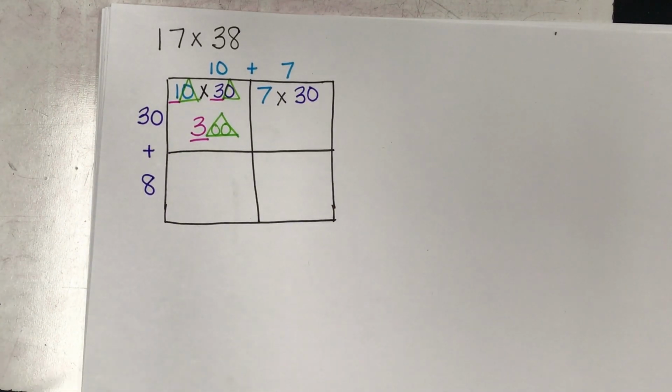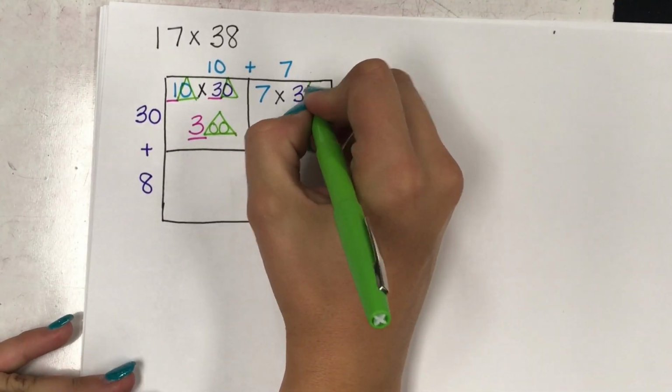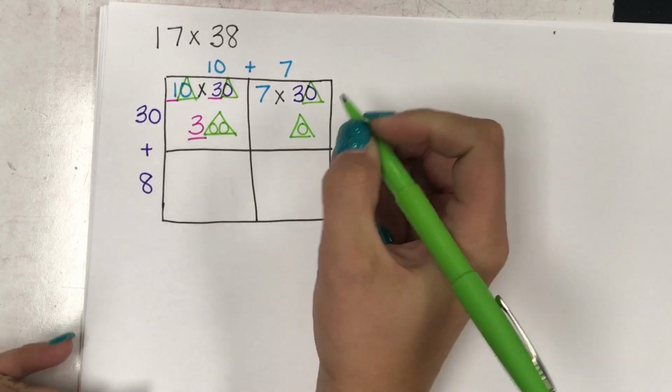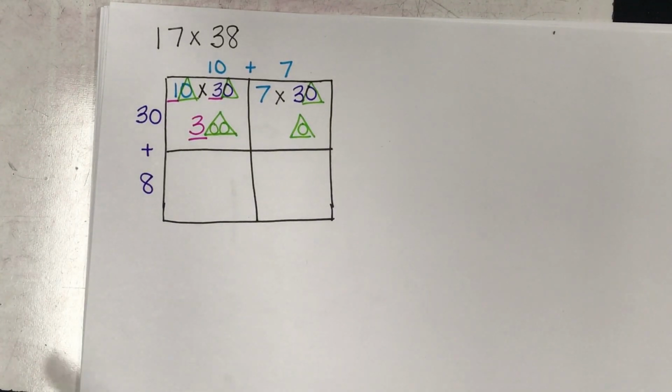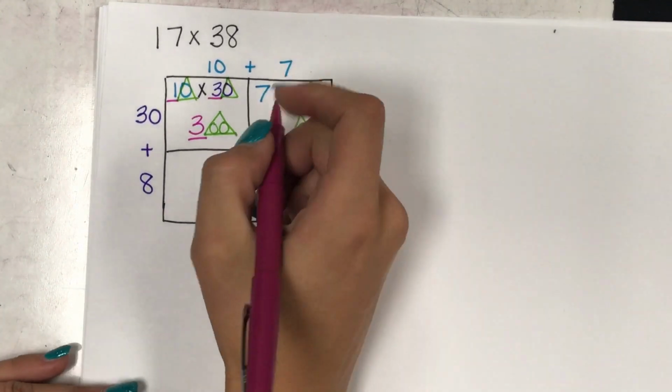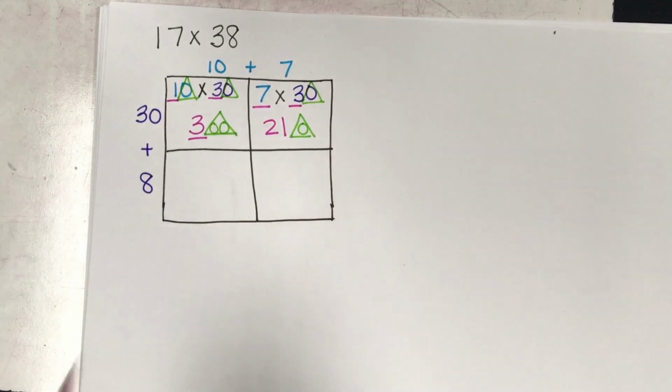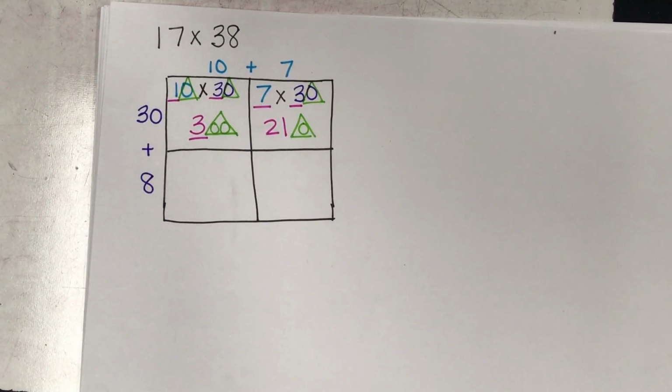So how many zeros is that? 1. In my problem, so how many in my answer? 1. What is 7 times 3? 21. So 7 times 30 is what? 210.